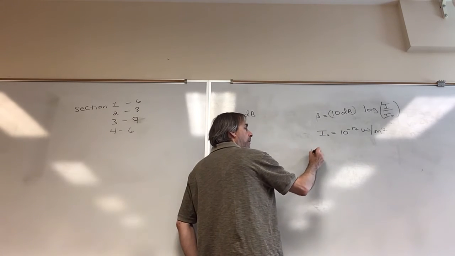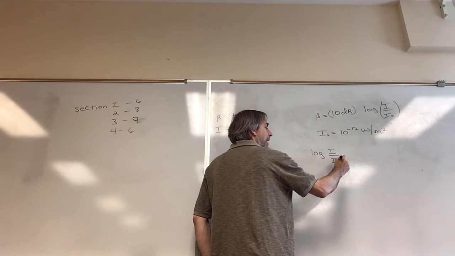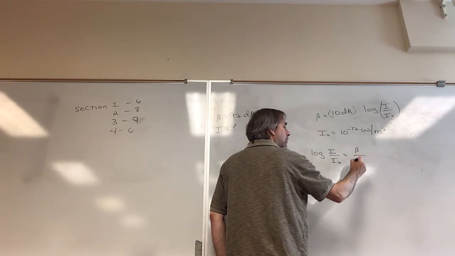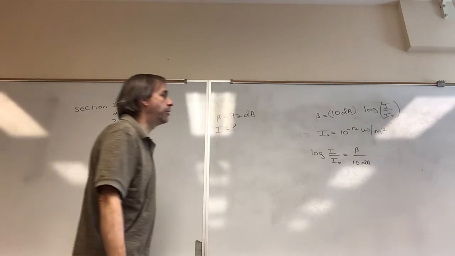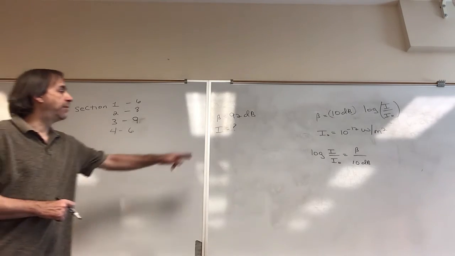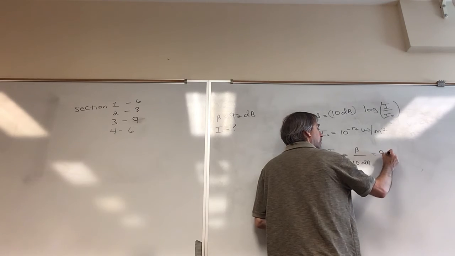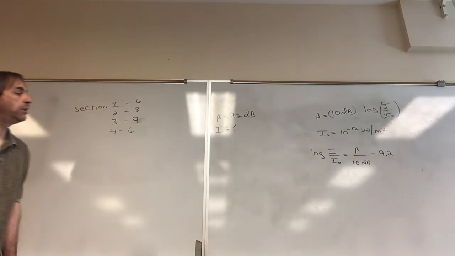The logarithm of I over I naught is beta over 10 decibels. So basically just take that equation, divide by 10 decibels, and if we plug in 92 on top, we just have the number 9.2. The units cancel out.